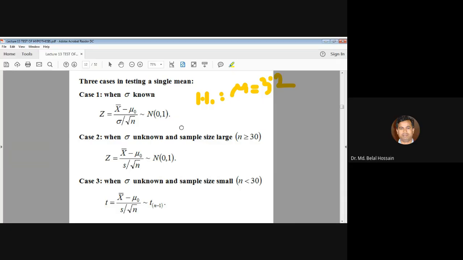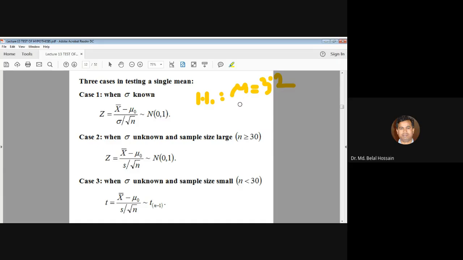Then the first case arises: whether sigma is known. From where is the sigma coming? Can you remember? This sigma is the standard deviation of the normal distribution, and we are testing the mean.